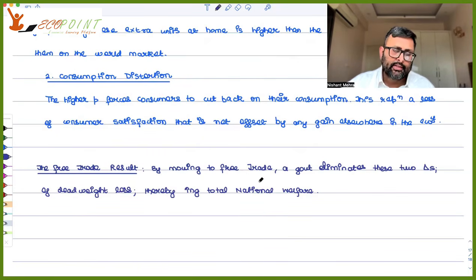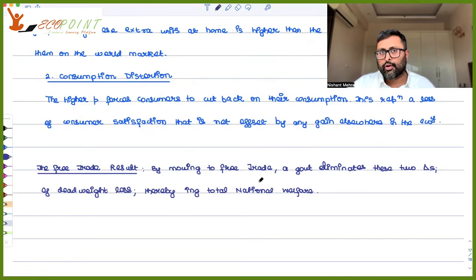So if you empirically find this out, your text tells you that the gains are smaller for advanced economies, right? Just 0.57% of GDP for the US, but it is larger for developing economies, that is 1.4% of GDP. So in the modern world, tariffs are generally low.